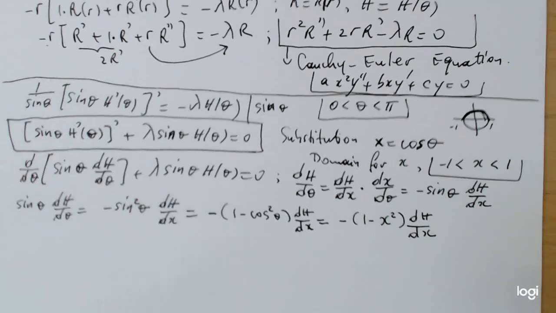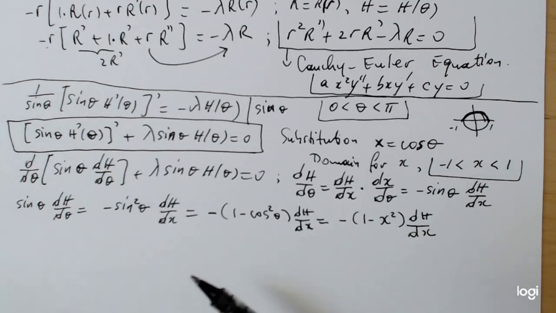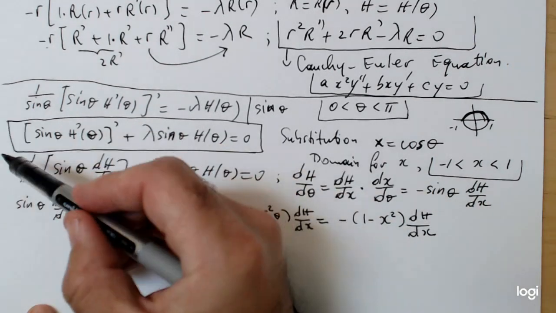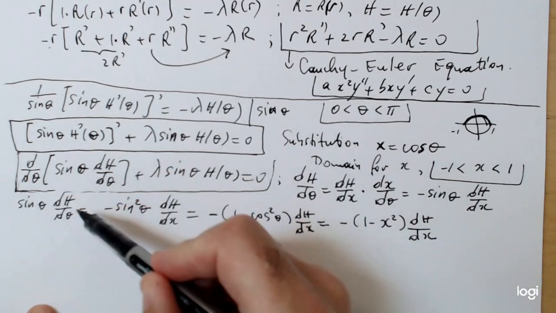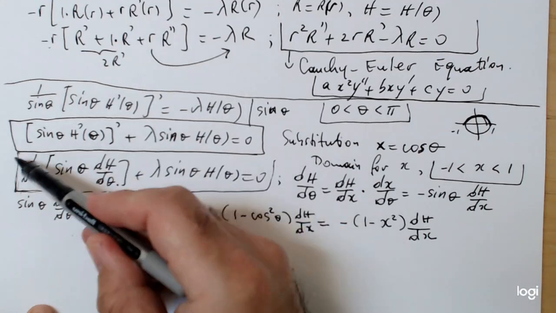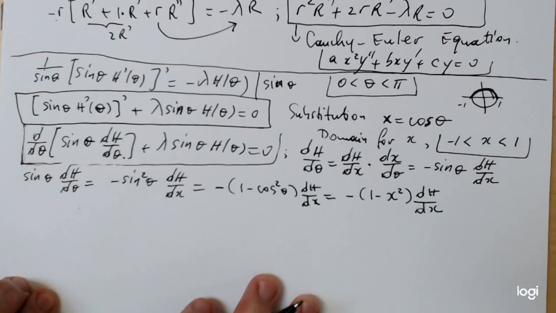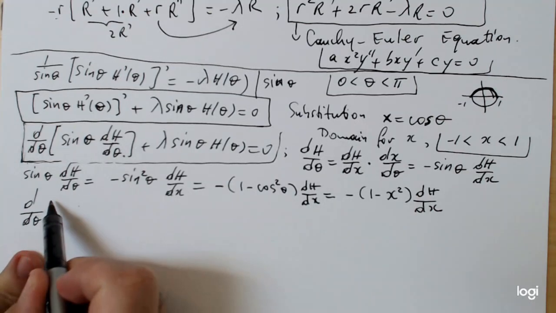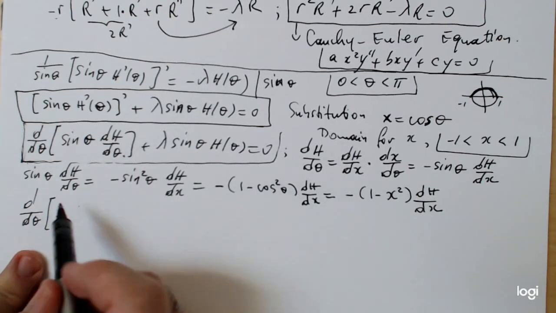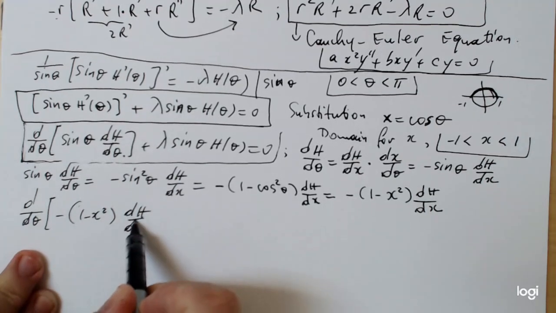One more thing we have to do is yet another chain rule of the same type. Remember, in the equation that I have to deal with, sine dh d theta is differentiated one more time with respect to theta. So we're going to do again the derivative with respect to theta of minus quantity 1 minus x squared dh dx.